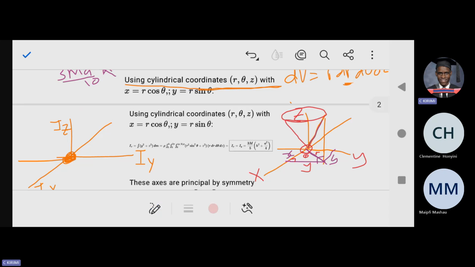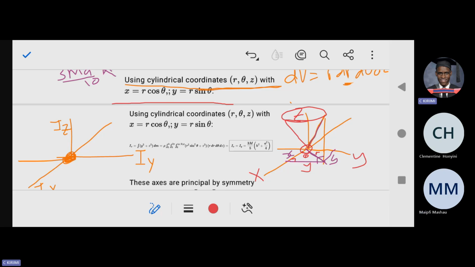Any question there? How they obtained x is r cos theta and y is r sine theta in relationship to the diagram. Any question? Yeah, I think it's making sense. You are referring to the base of the cone.